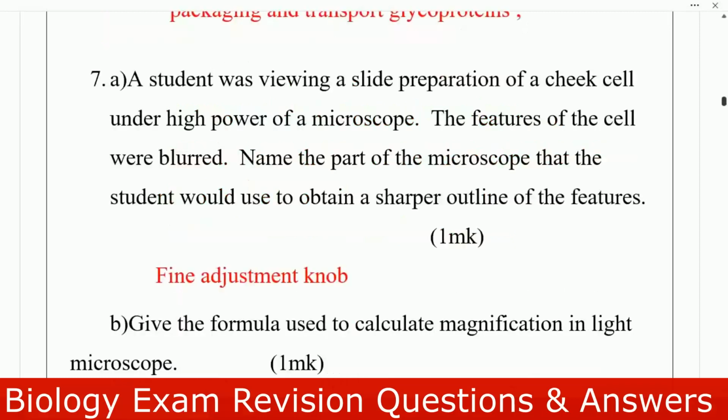Number 7, a student was viewing a slide preparation of a cheek cell under high power of a microscope. The features of the cell were blurred. Name the part of the microscope that the student would use to obtain a sharper outline of the features.